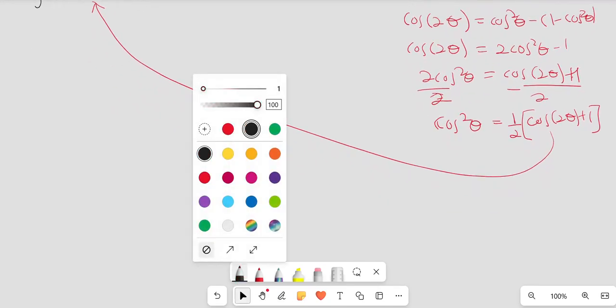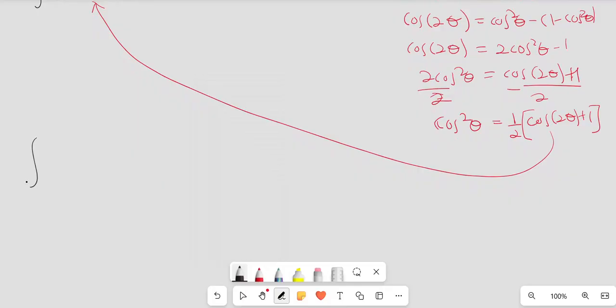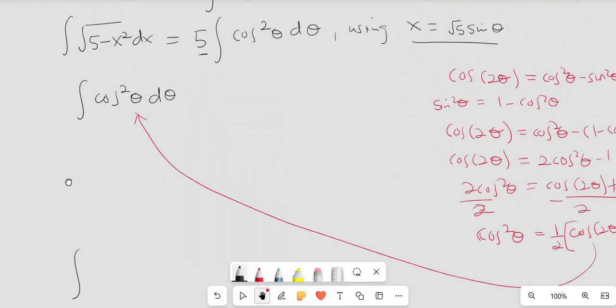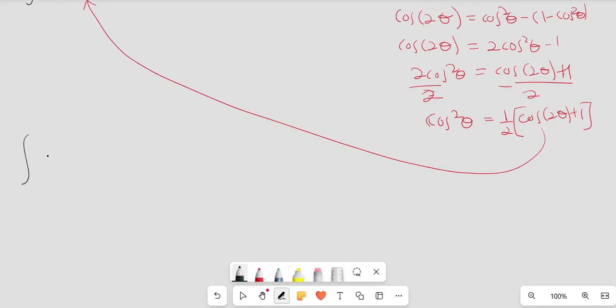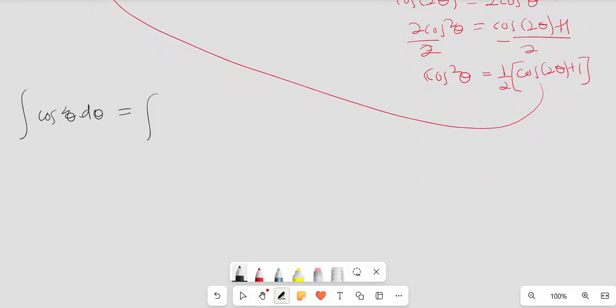I can switch back to the marker pen. So we now have the integral of cosine squared theta d theta, which is equal to the integral of 1/2 (cosine 2 theta plus 1) d theta.